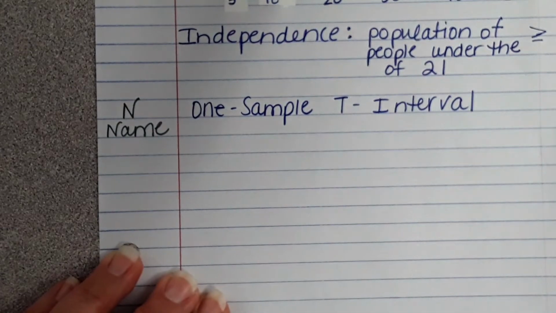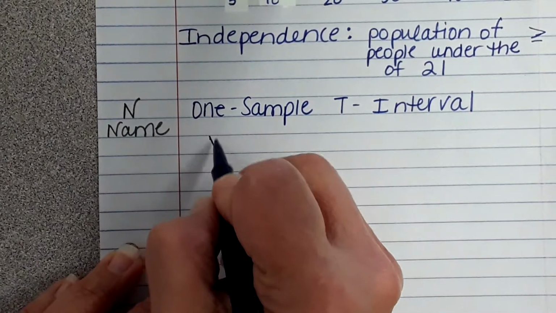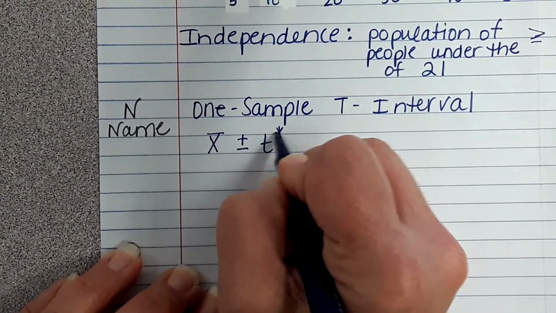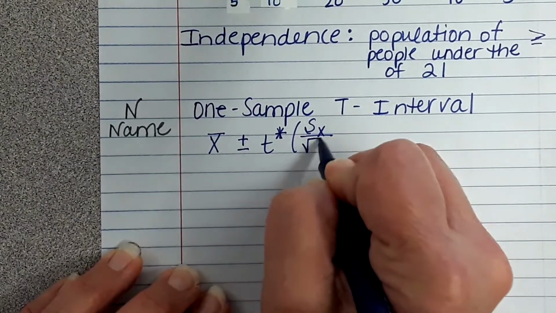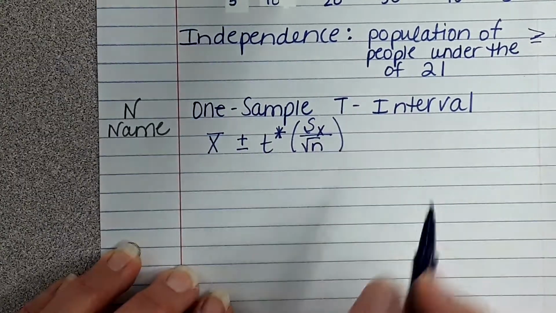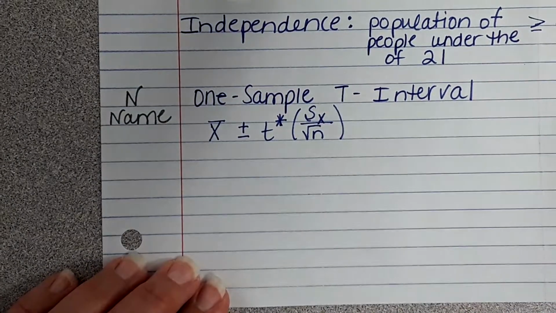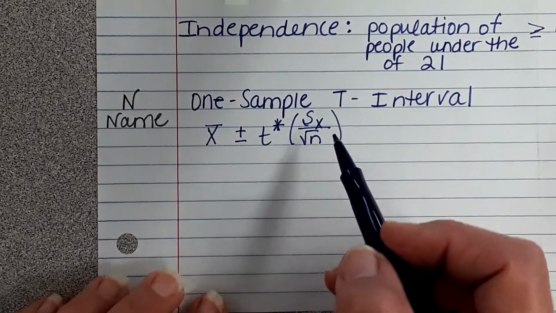Now, with naming the test, let's write the formula that goes with it. The formula would be x bar plus or minus t star times s of x over the square root of n. Our sample size is 38.